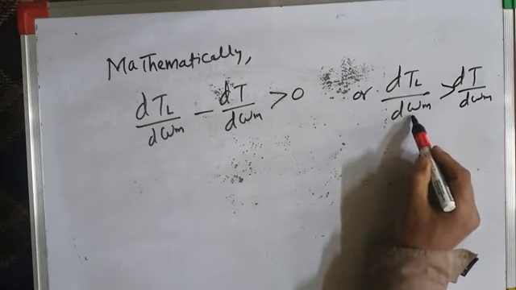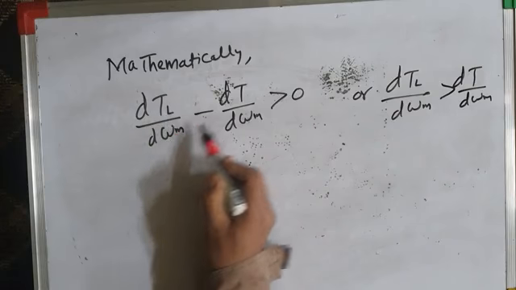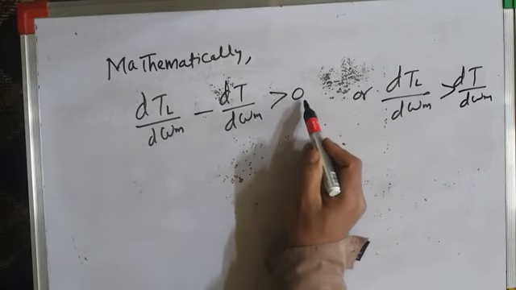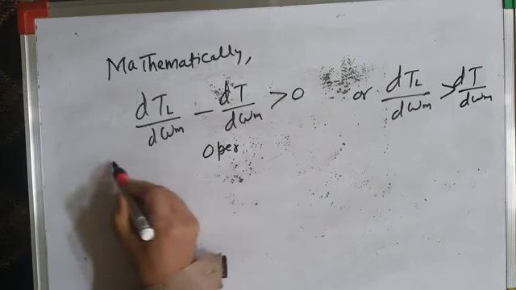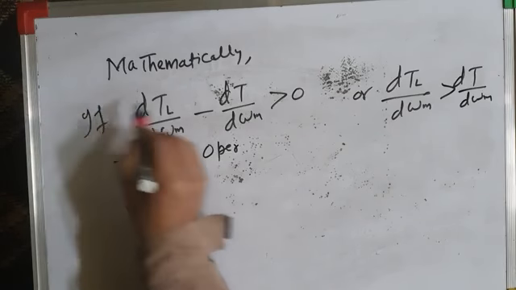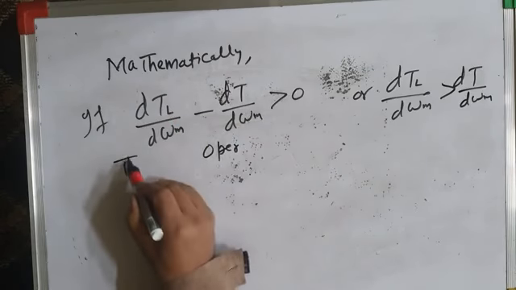If dTL by d omega m minus dT by d omega m is greater than 0, then the operating point is a stable operating point.